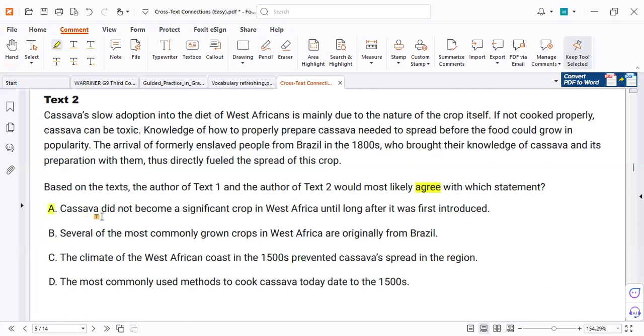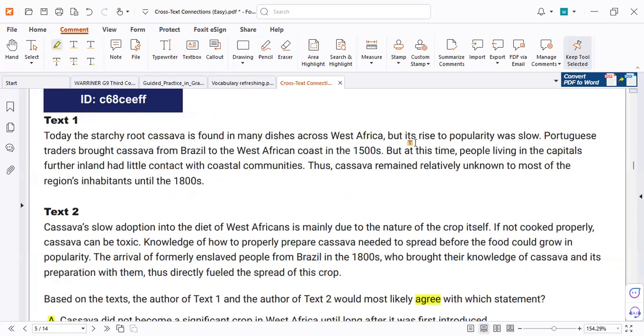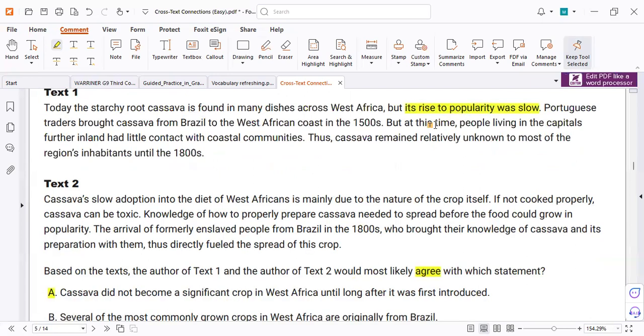He said cassava did not become a significant crop in West Africa until long after it was first introduced. He said here its rise to popularity was slow, meaning it was not known. Yes or no? Yes. That's right.